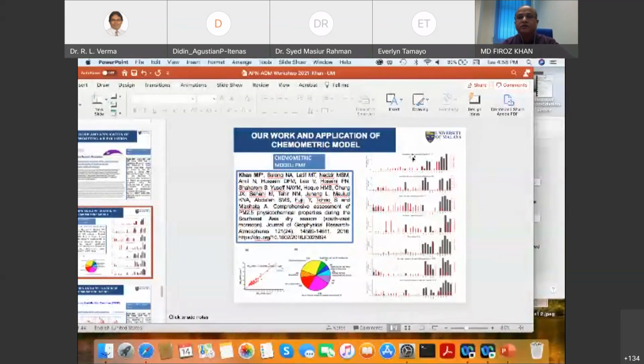It is because in every source, the composition contributed for each source from the bottom x-axis has a similarity. Some of the compositions coming under one group have a similarity.